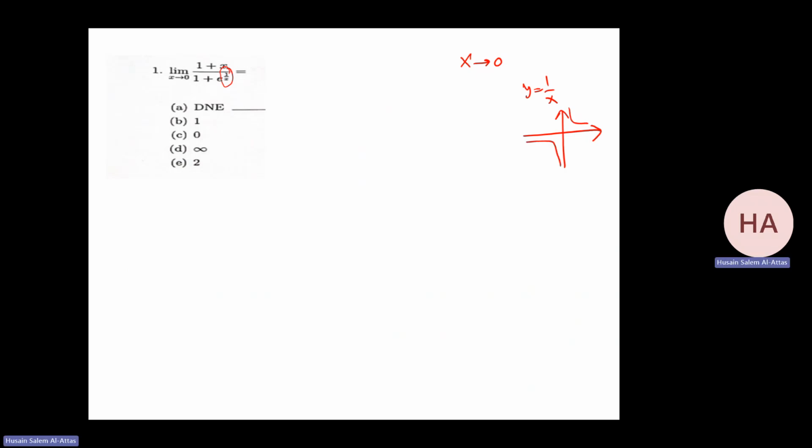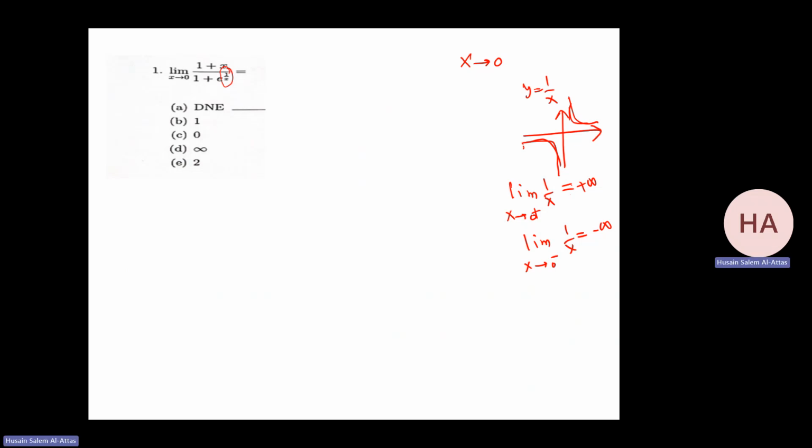We should notice something. This is a curve. The limit as x goes to 0 from the right of 1 over x goes to infinity. But from the left, it goes to minus infinity, and that will make a change here.